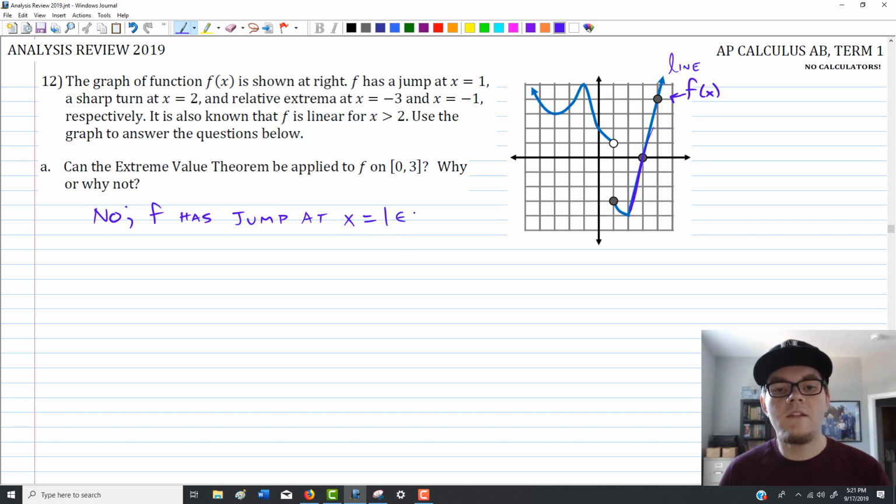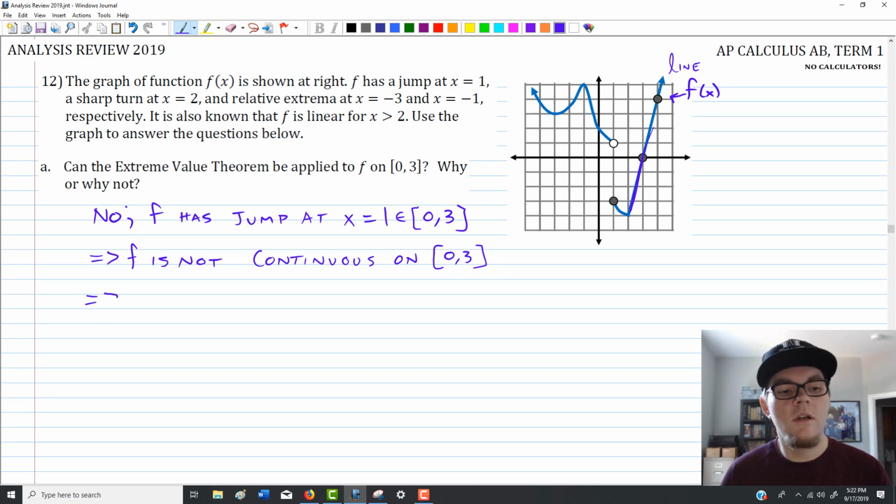Since there's a jump at x equals 1, which is in the interval from 0 to 3, that means f is not continuous on our interval, and that means, in addition, that we cannot apply the extreme value theorem, which is extremely disappointing. Nope. We can't apply the extreme value theorem.